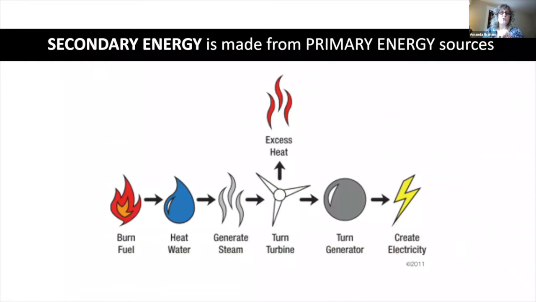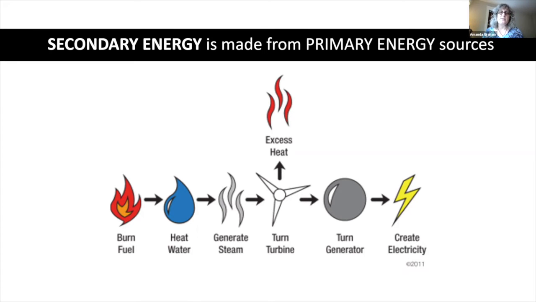And that slide also showed an important distinction between primary energy sources, so the solar energy, the wind energy, the petroleum, and the secondary energy. So electricity is a great example of a secondary energy source. We have to make electricity from something. You have to burn a fuel, or capture a fuel like wind or solar, in order to have a secondary source, something like electricity.